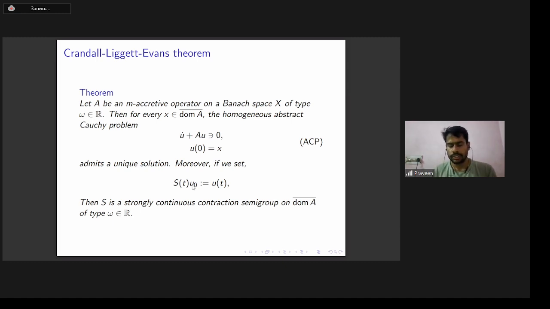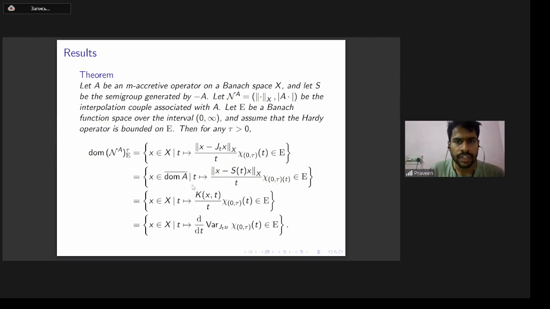Now we will apply the general interpolation of functions to the interpolation couple associated to an m-accretive operator A. Here we have a result in which we characterize the interpolation sets corresponding to this couple.